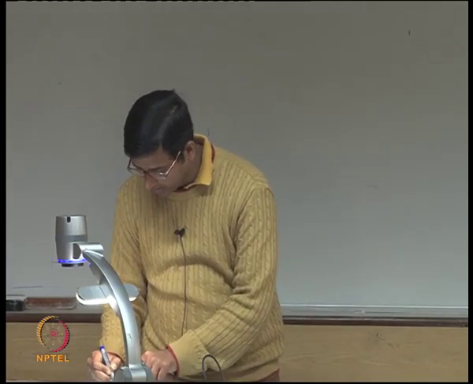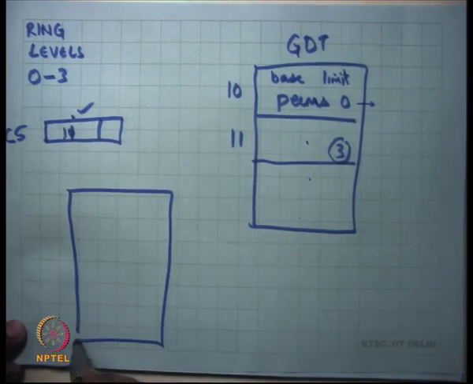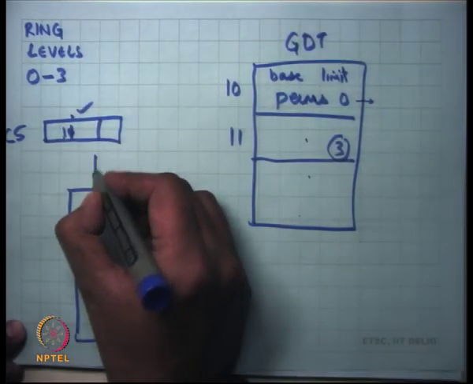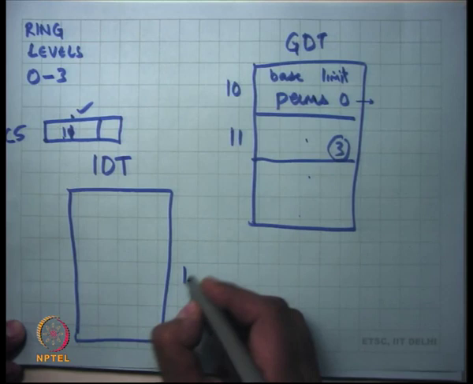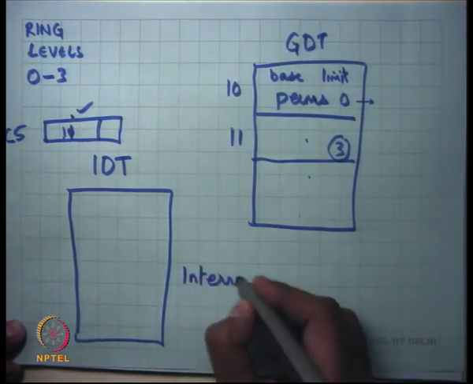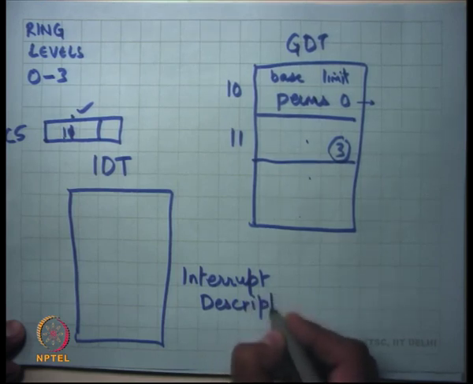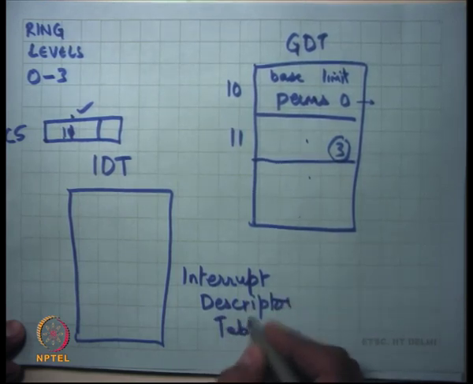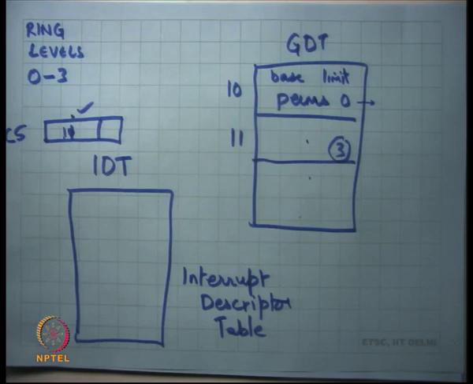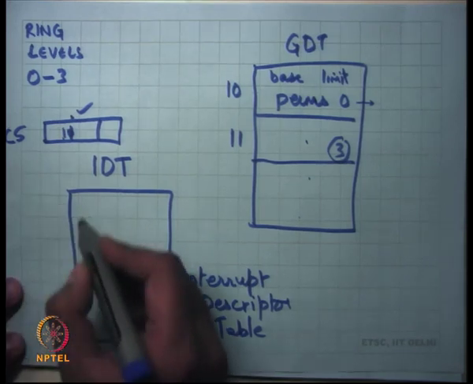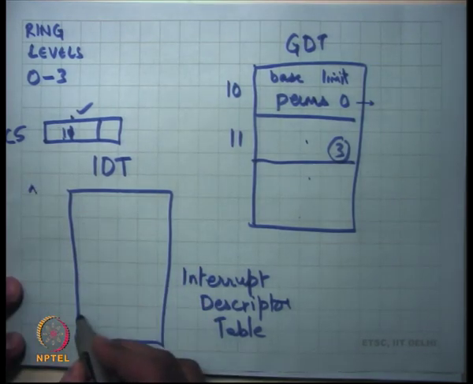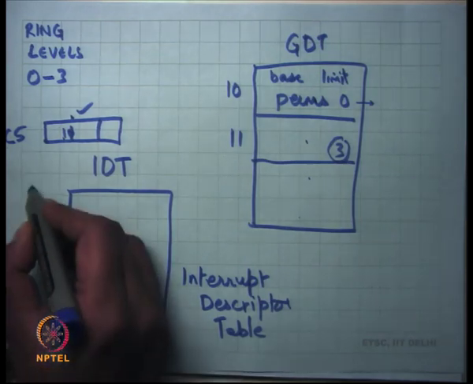To be able to do this, there is another table called the interrupt descriptor table, IDT, which is a table of 255 entries.